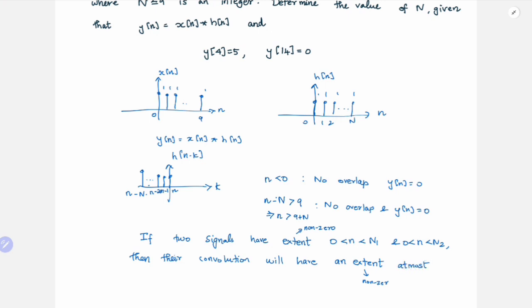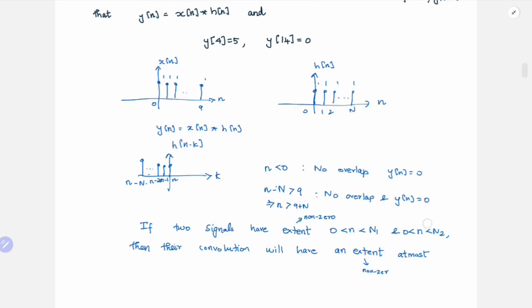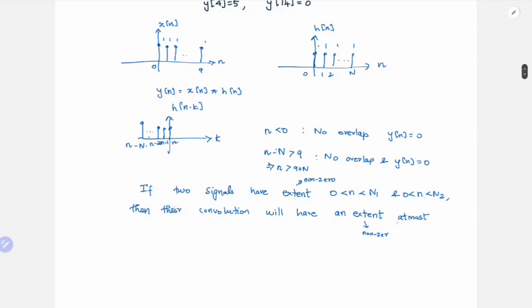In between, they can also get cancelled if there are an even number of terms and we have 1 and minus 1, each of them cancelling out. But at most, the convolution will have 0 less than or equal to n less than or equal to N1 plus N2, correct? So if the first signal has N1 plus 1 samples and the second signal has N2 plus 1 samples, the convolution will have N1 plus N2 plus 1 samples, correct?